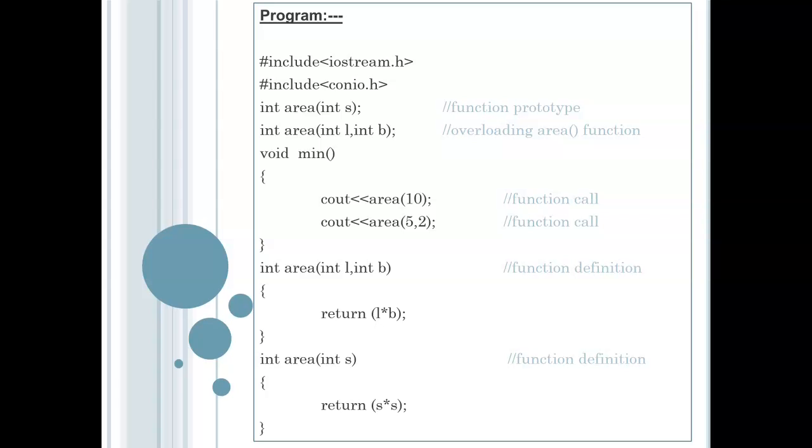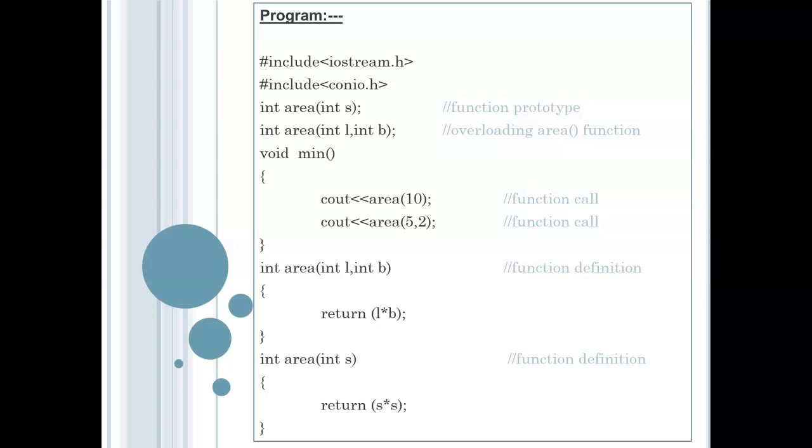The compiler will find two functions whose name is area. So in that case, the compiler will match the parameters. Here, the compiler will see the function is called with one parameter. So the compiler will jump to the function definition.